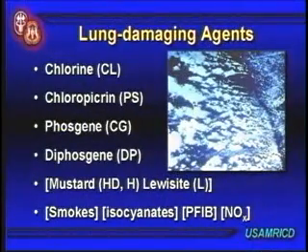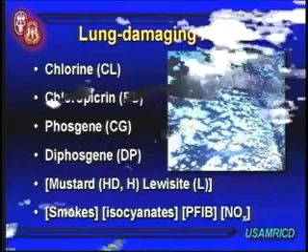The lung agents include chlorine, which was the first agent used on a large scale in modern warfare. In 1915, the Germans released over 150 tons of chlorine on the battlefield against French and Algerian territorial troops near Ypres, Belgium. Chlorine acts both on the upper airways and the lower airways.